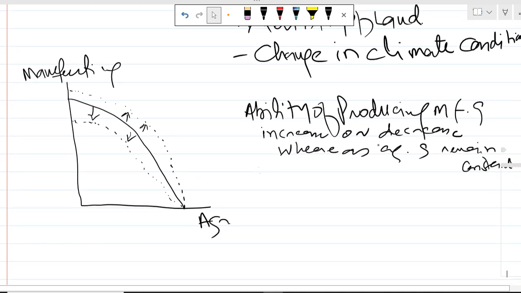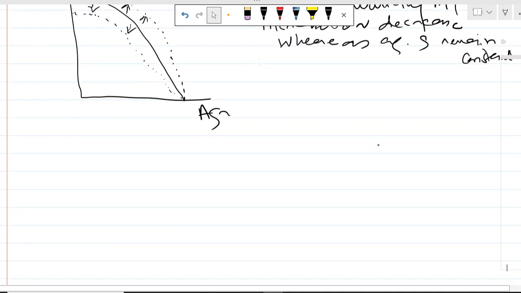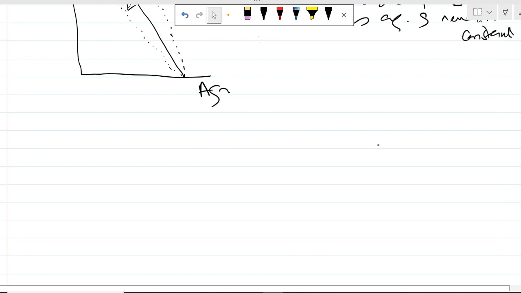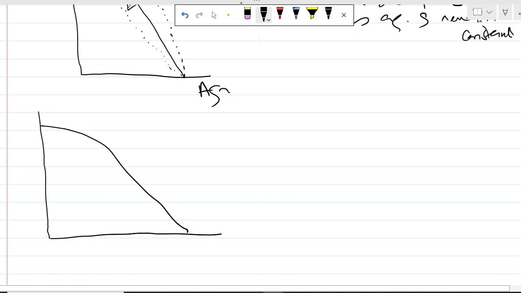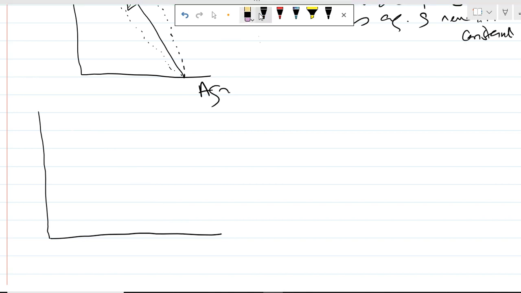Now another shape of the PPC curve. Here manufacturing is increasing, and we say that agriculture is decreasing.